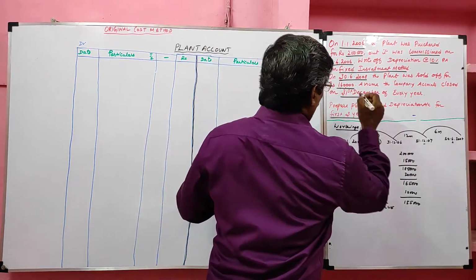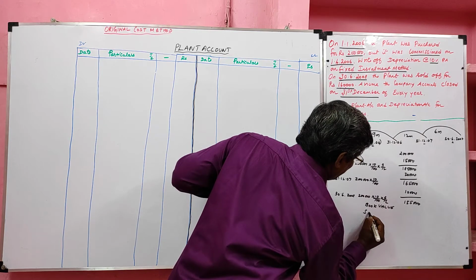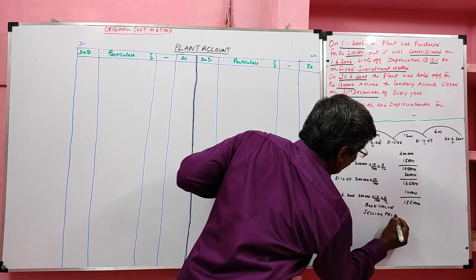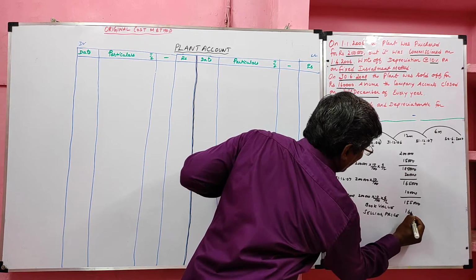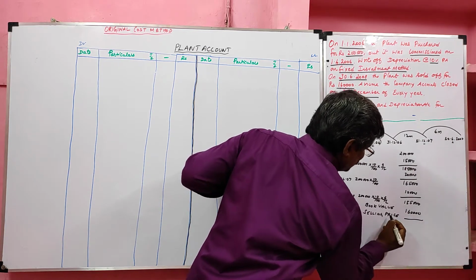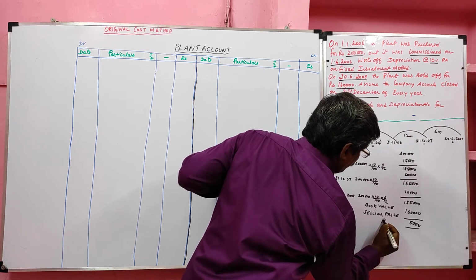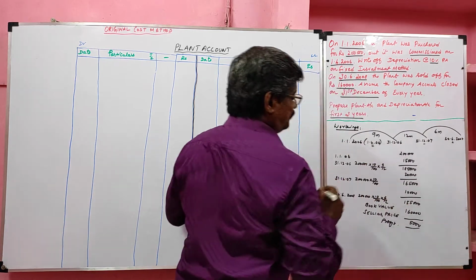We sold for 1,60,000. So our selling price is 1,60,000, which is more than the book value. So we earned a profit of rupees 5,000.